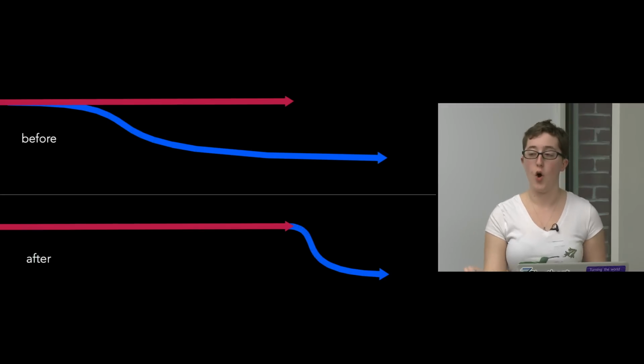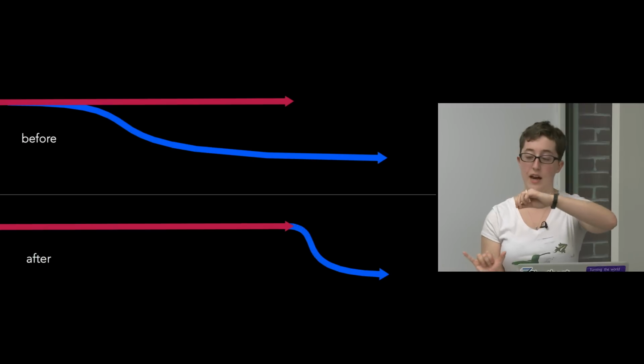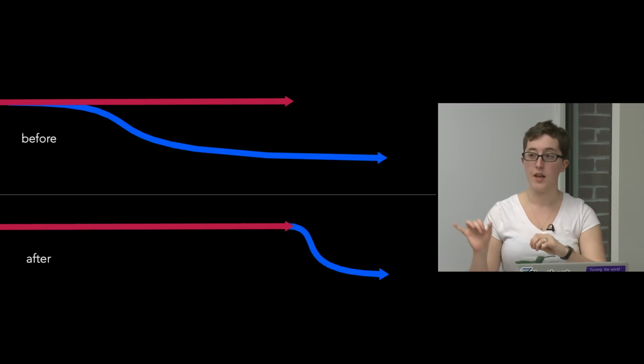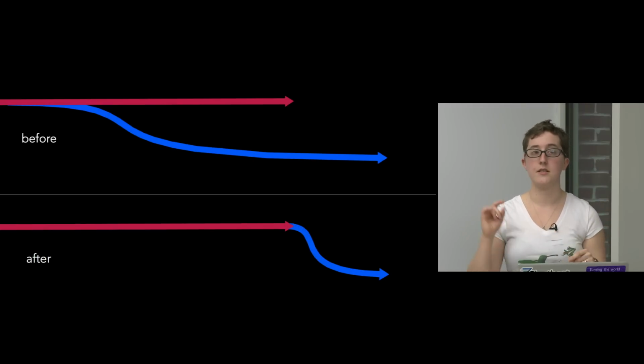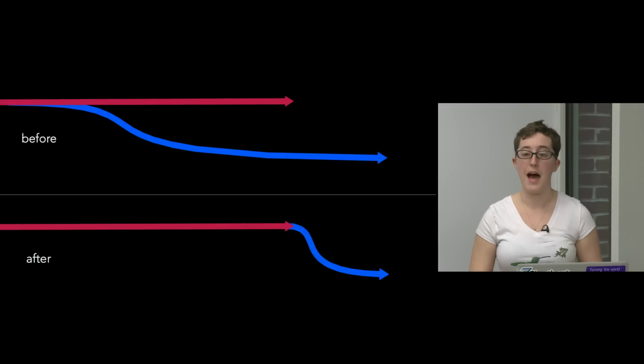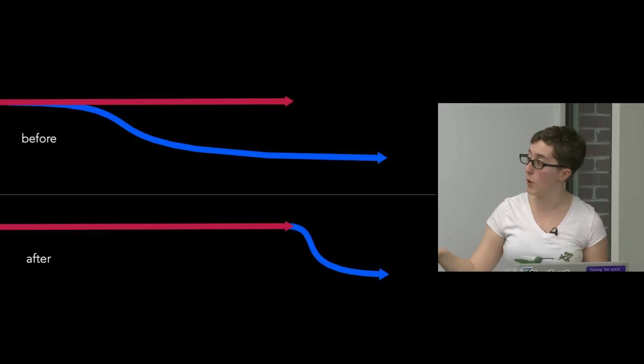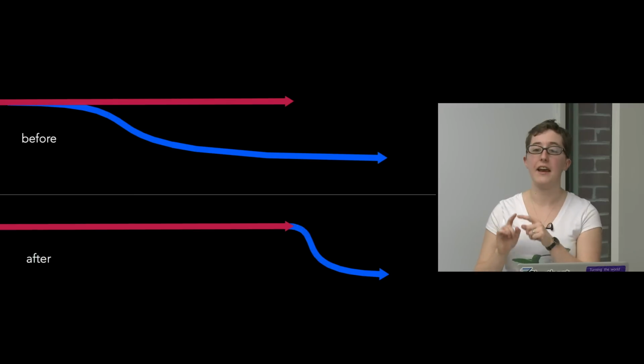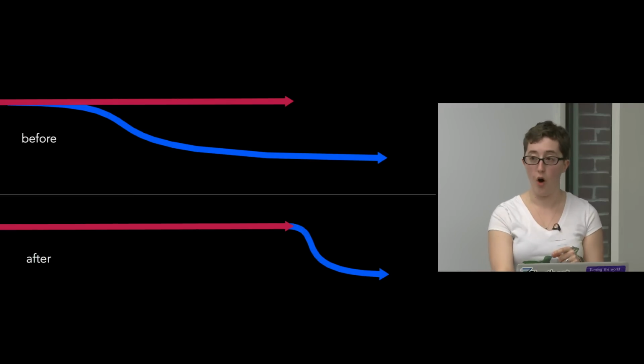I'm rebasing onto master, and it literally means that I'm taking the commits that I made on the blue branch and putting the end of master as their base. So essentially what it does is it incorporates all the commits that have happened on master since the branch point as if they had happened before all the commits that are on the blue branch. Does that conceptually make sense?